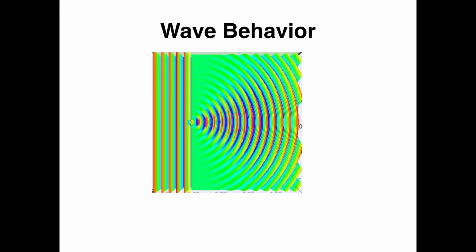Now here's another type of behavior, and this is an interesting behavior that waves demonstrate. Other types of materials do not demonstrate this kind of phenomenon, and that's called diffraction. That's the spreading out of a wave after it passes through a narrow opening.